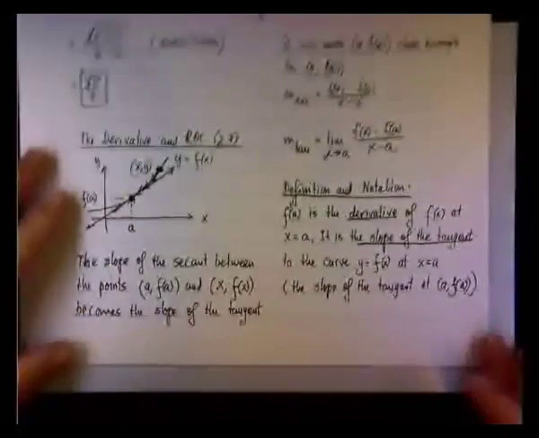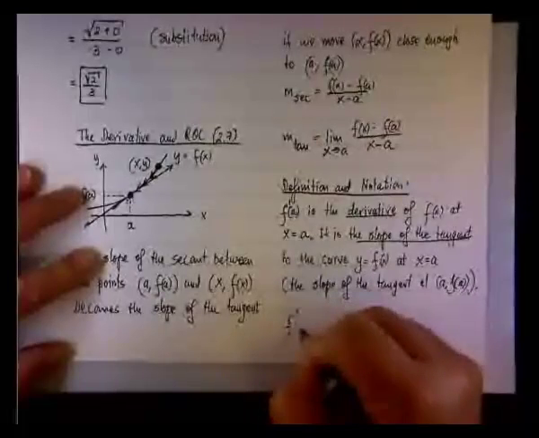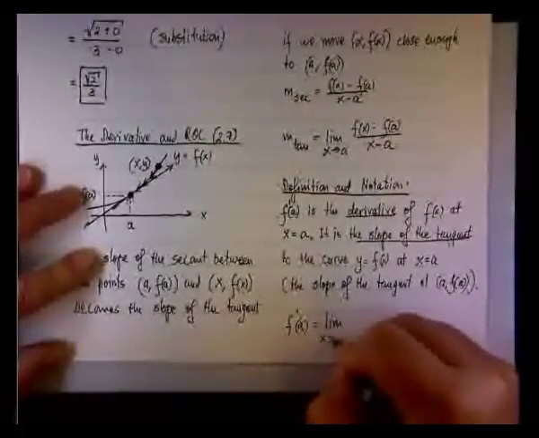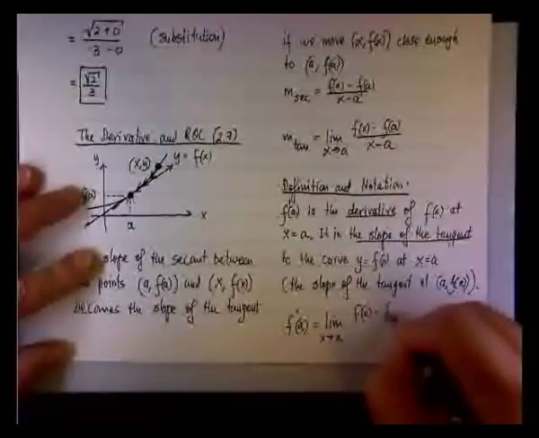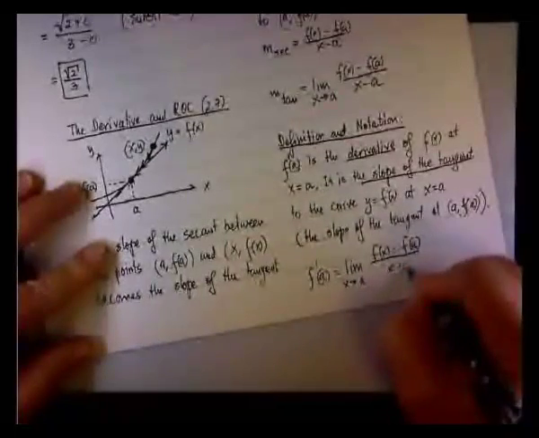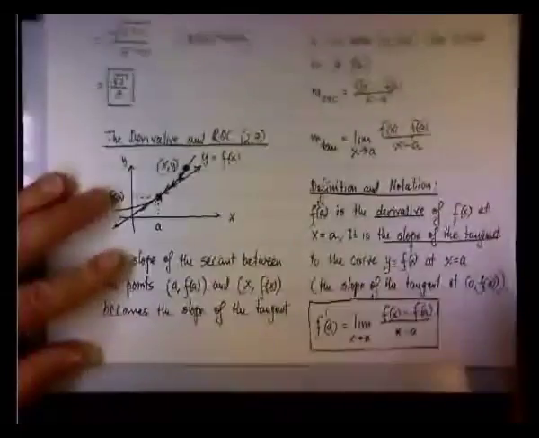So in terms of a definition, we're going to say that from this point on, f prime of a equals the limit. I'm going to repeat what I wrote on top. Okay.